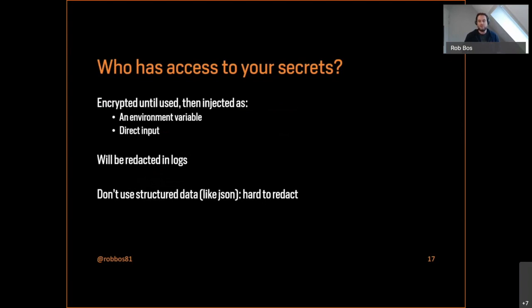And by that, it means we try to recognize that string in the log, do some regular expression on them, and hopefully we can find it in the log and then replace that with stars so the secrets won't leak out of your logs. That's why they say don't use structured data in your secrets. If it's JSON, it's very hard to detect the full string in the JSON because of the ways that you can format them. So we try to redact them, but maybe we fail at that. So be aware of that when you start using secrets.